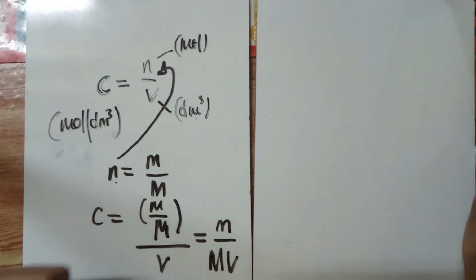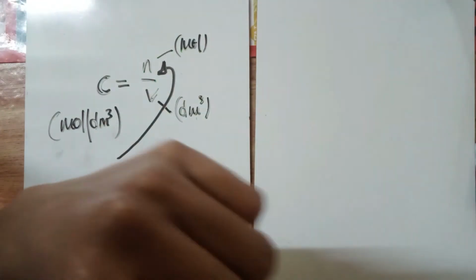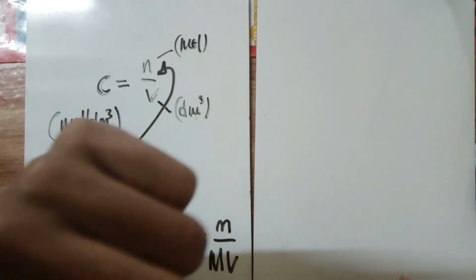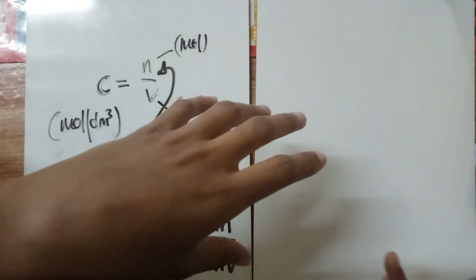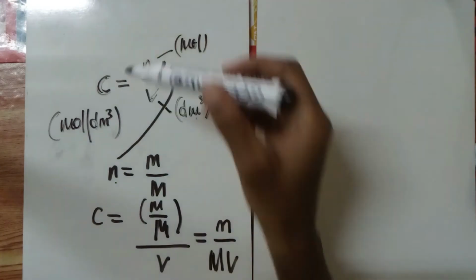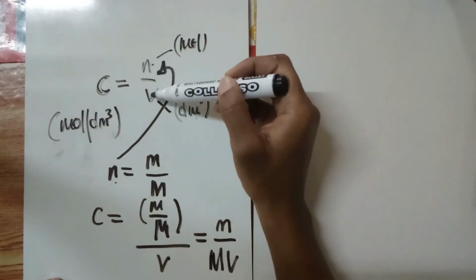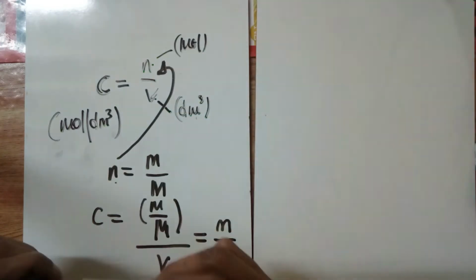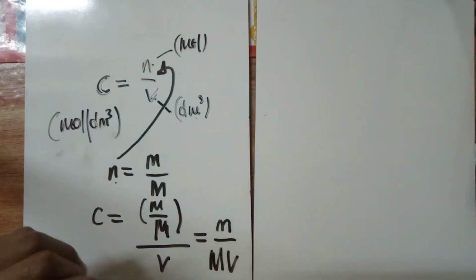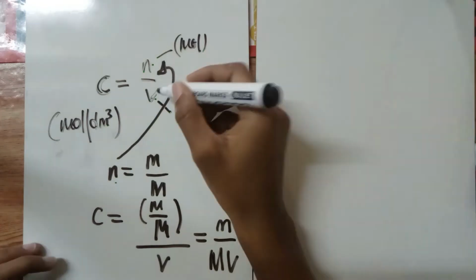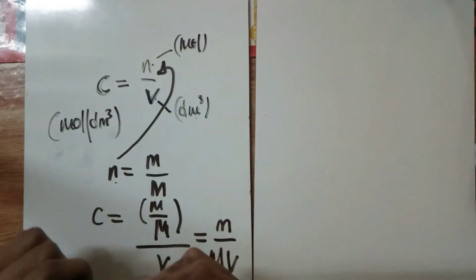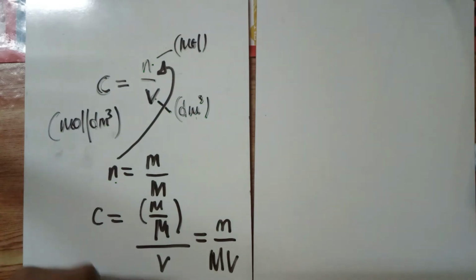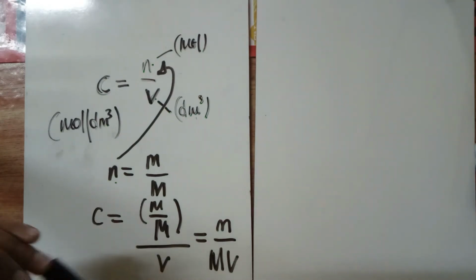So let me see if I have left something important in terms of concentration. Like I said, concentration basically refers to the number of moles per unit volume of solution, right? So it means that the concentration is the number of moles of solute per one cubic decimeter of a solution.